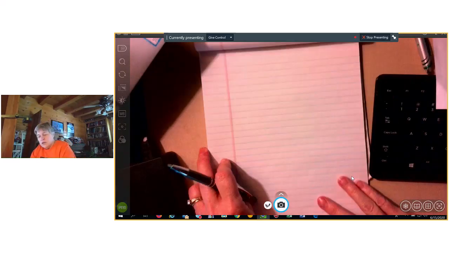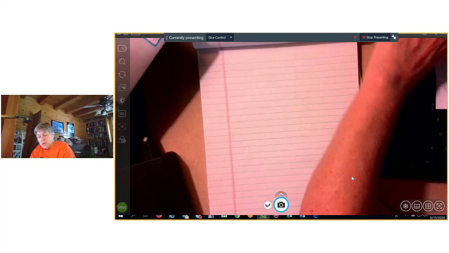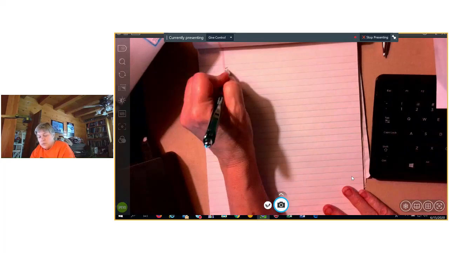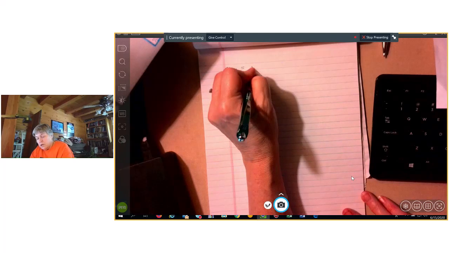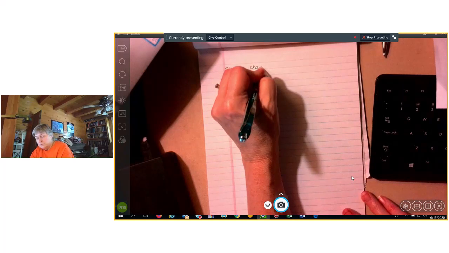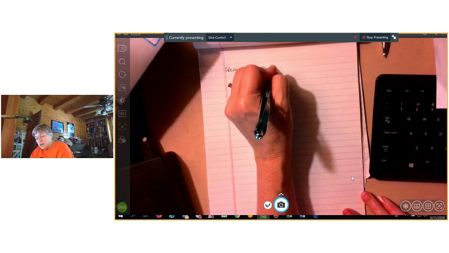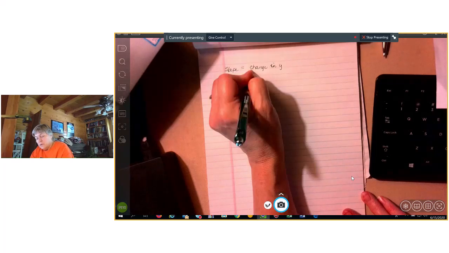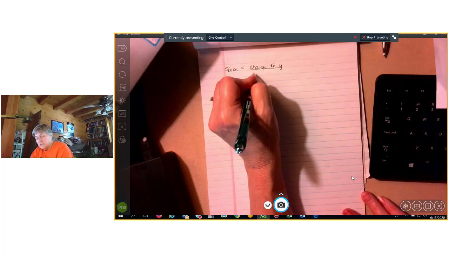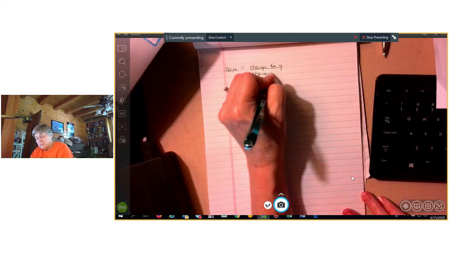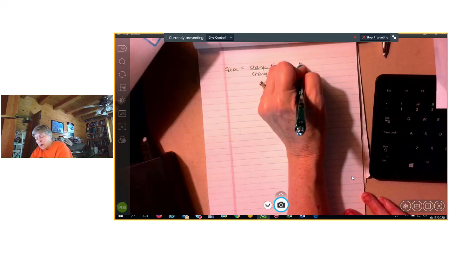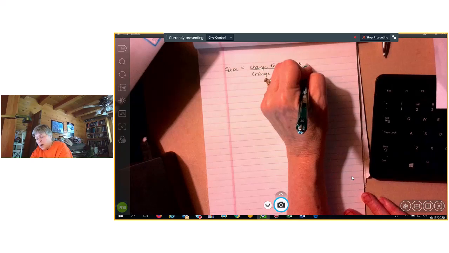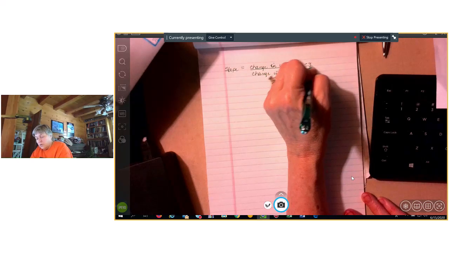So you need to remember how to find the slope. It's going to be your change in your y's over the change in x. Or, as some put it, y1 minus y over x1 minus x.